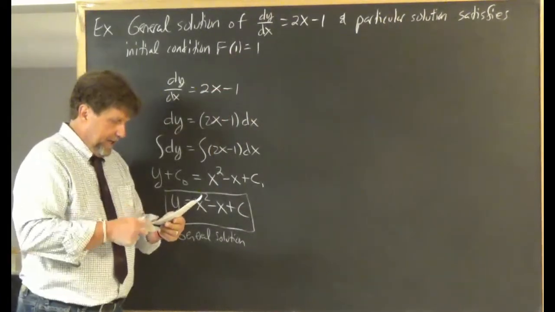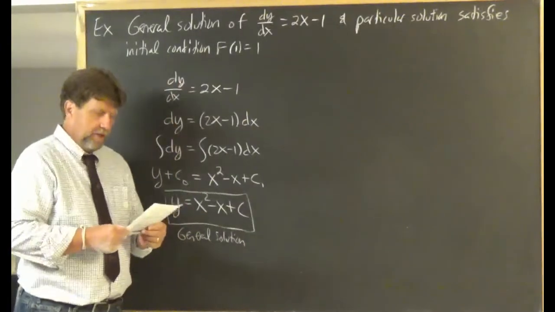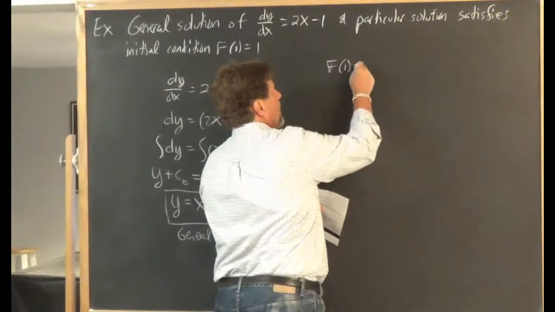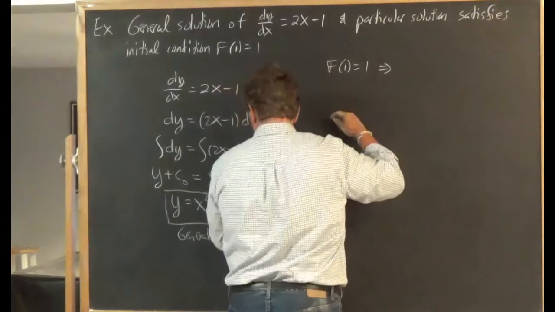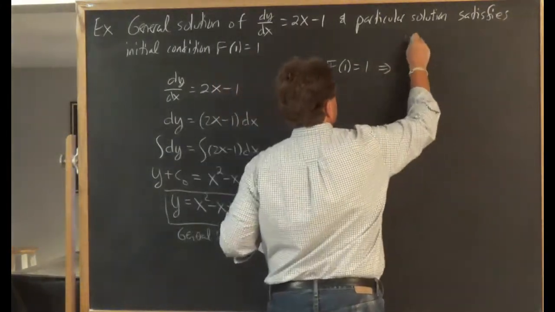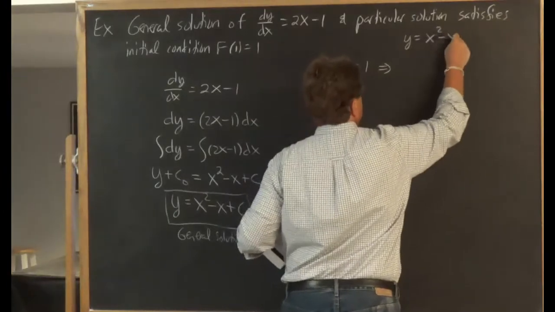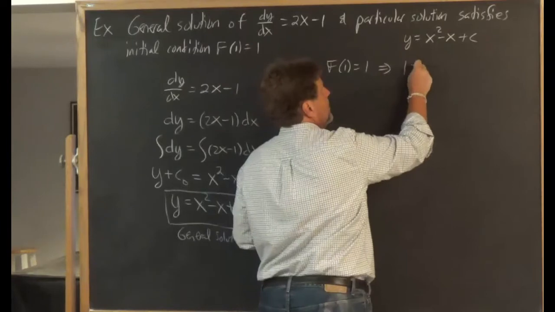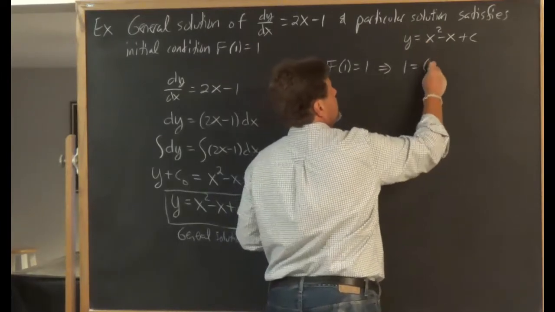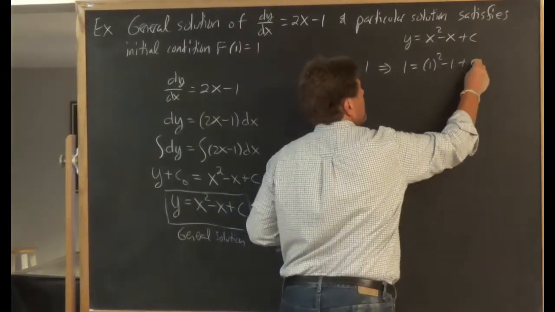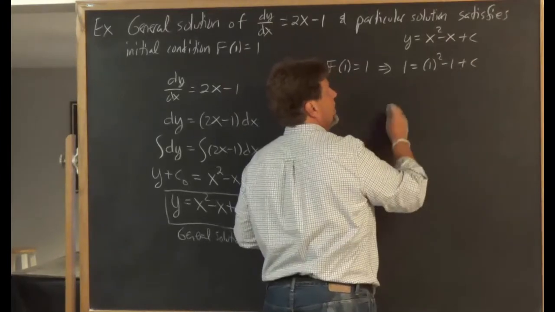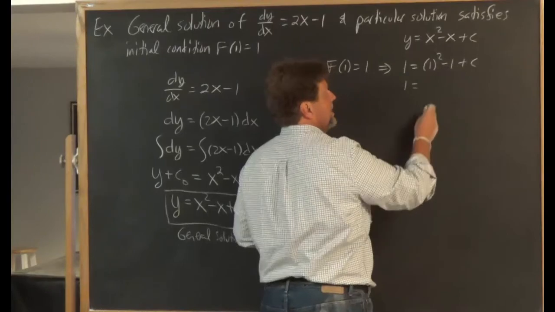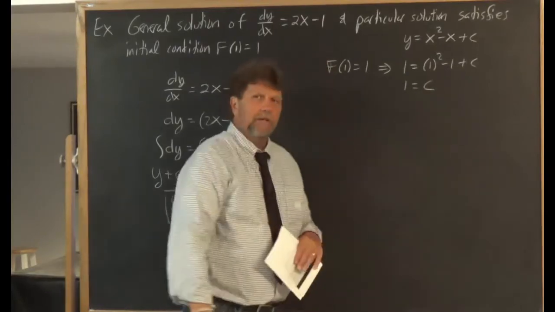And this was called the initial condition. So, f of 1 equals 1 implies, let me bring my general solution up here. We put 1 in for the y, 1 in for the x. Now we solve for c. So we get 1 equals 1 minus 1 is 0. Well, that didn't take too much to solve for c.